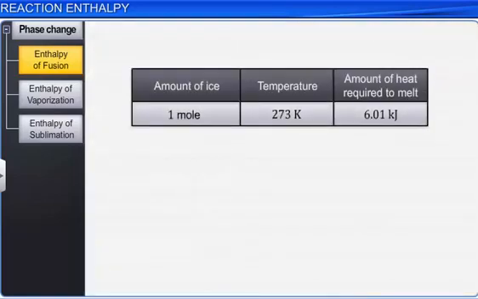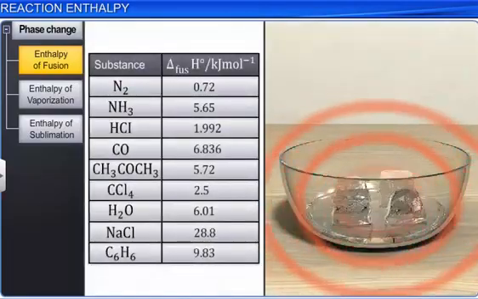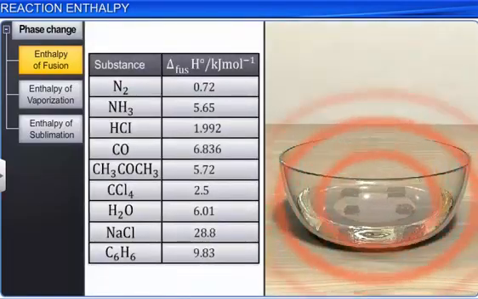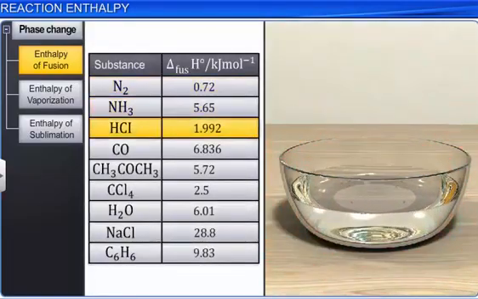For example, the amount of heat required to melt 1 mole of ice at 273 Kelvin is 6 kilojoules. Thus, we can say that the molar enthalpy of fusion of ice is plus 6 kilojoules per mole. As the melting of a solid is an endothermic process, all enthalpies of fusion are positive.